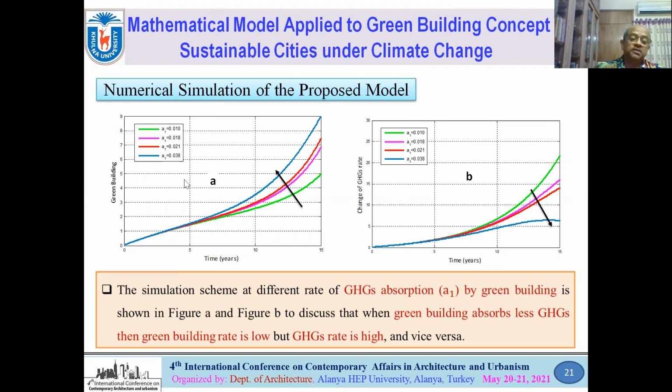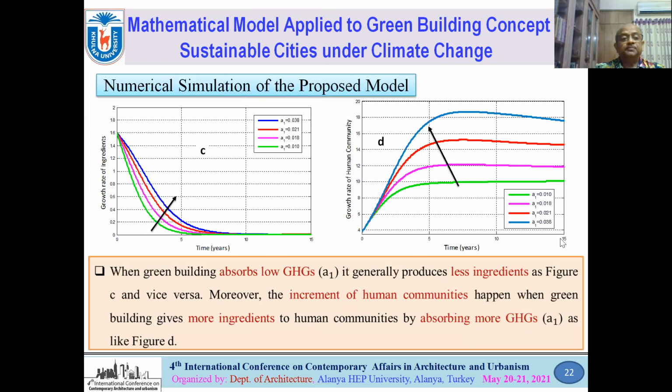When green building is renovated, and much more green building is in the city area, then it will absorb massive greenhouse gases, and then greenhouse gas emission will be reduced. So this is the fundamental idea.